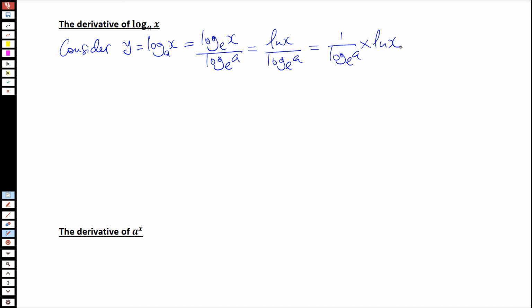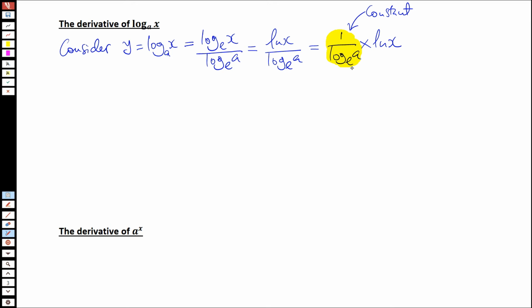Now I want you to think of this as a constant, because it is a constant. Both a is a fixed number and e is a constant. It's like 2, 3, just a given number. The variable here is x. So basically, what we shall be differentiating is ln of x, but this remains the same.